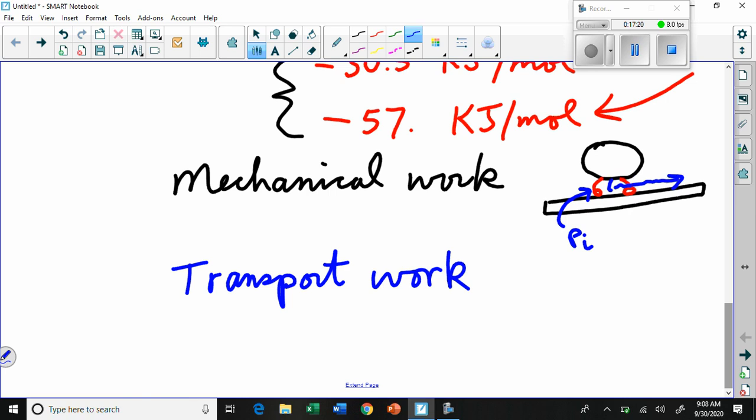But in this case, the phosphate would be attaching and releasing from a protein molecule on a membrane. So if you had a membrane and then you had a protein molecule inside of it, here's my phospholipid bilayer, roughly drawn.